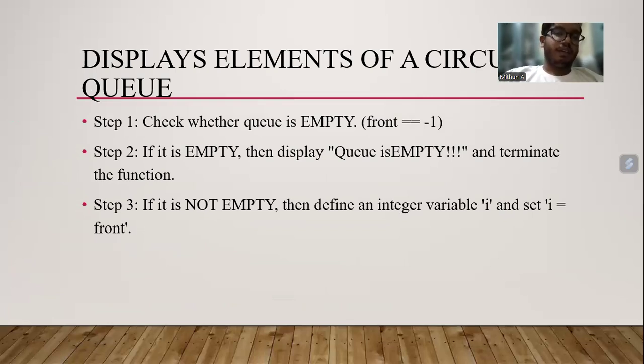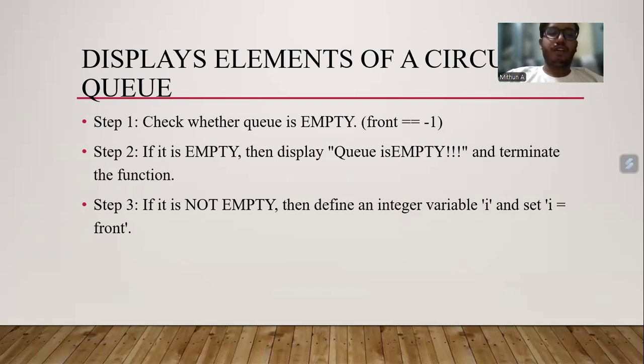Displaying the elements of a circular queue. In order to display, we have to repeat the same thing we did for deletion, mainly because only if there are some values in the queue can we display the values of that particular queue, or else we cannot display.